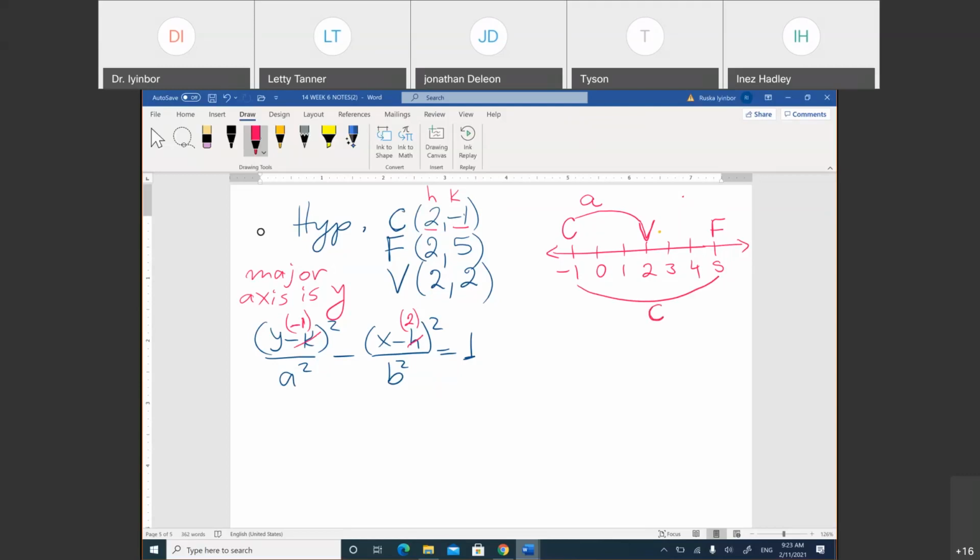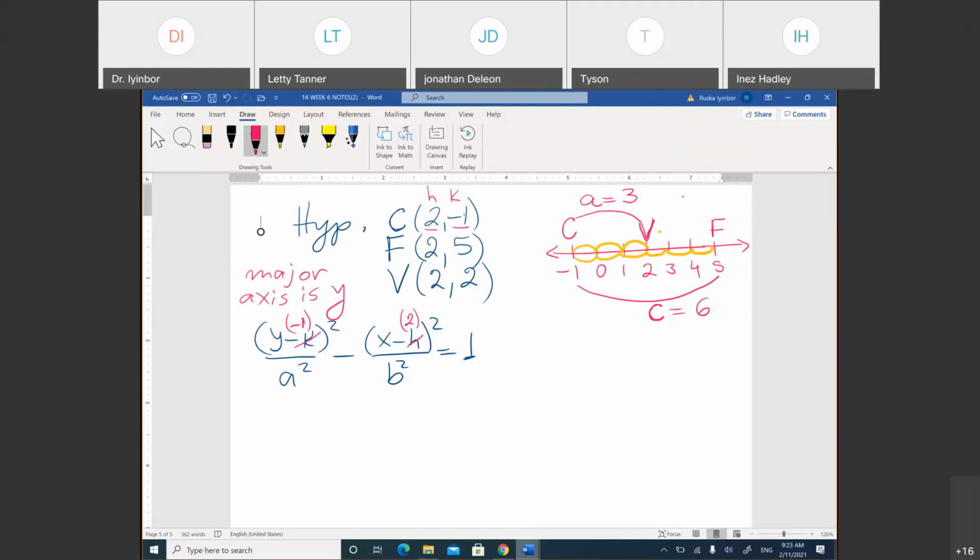C. Remember, focus gives me C, vertex gives me A. So now we need to count the steps. We have 1, 2, 3. So A is going to be 3. And we're going to count from the center to the focus. So you have 1, 2, 3, 4, 5, 6, right? So C is going to be 6.